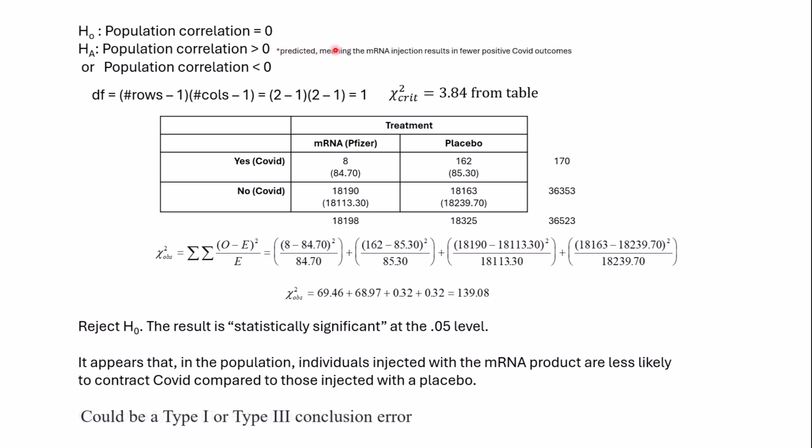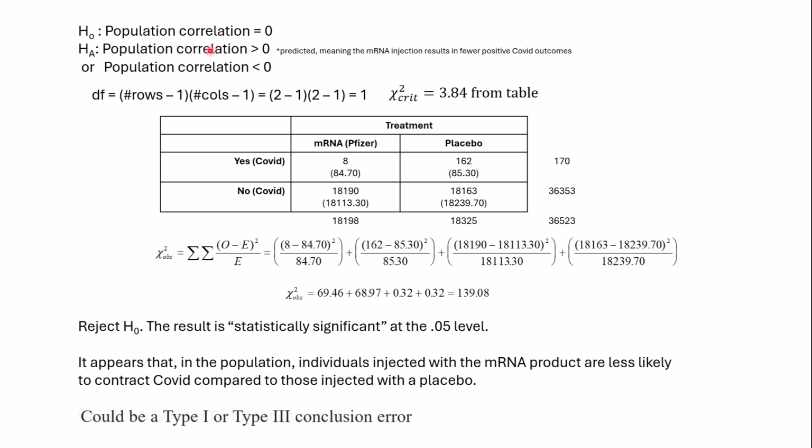What we mean by that is that the mRNA injection will result in fewer positive COVID outcomes. Now, the opposite alternative would be a disaster for Pfizer. That would be if the mRNA injection resulted in more positive COVID outcomes. So if you took the injection, you were more likely to get COVID. Again, that would be a disaster. So we're rooting here for a positive association.